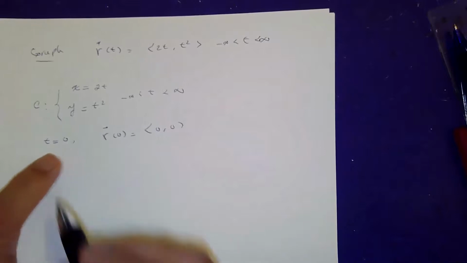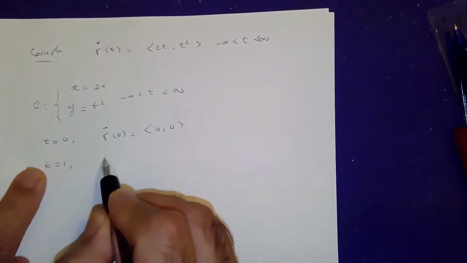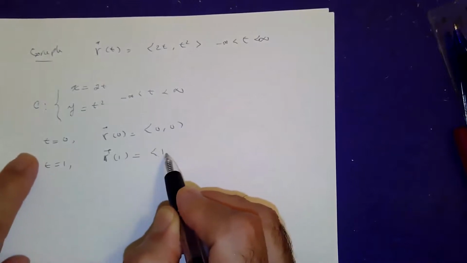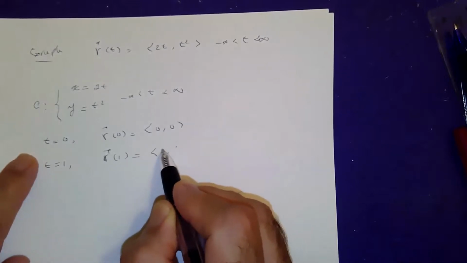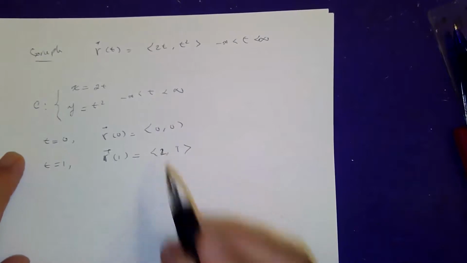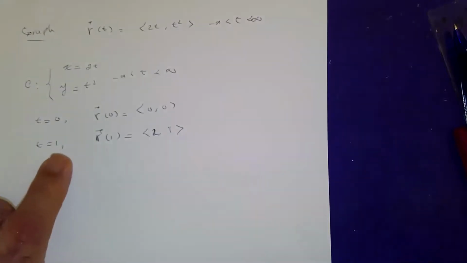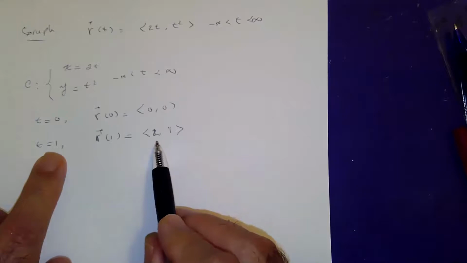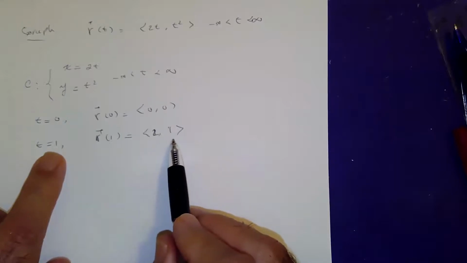So every value of t produces a vector, like in this case in R2. Do you see it? You tell me where the object is 1 second after it has been in motion. I can tell you the object is located at 2, 1.